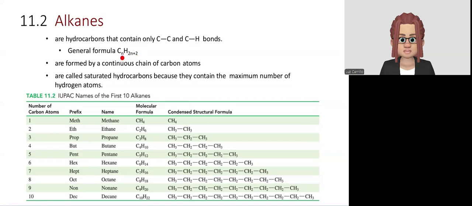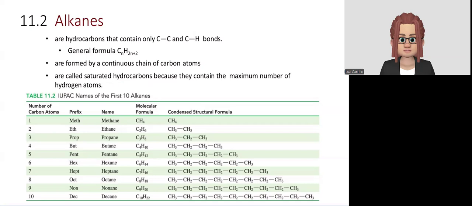What that value of n represents is any whole number from 1 all the way to infinity. So alkanes have a continuous chain of carbon atoms. And they are also called saturated hydrocarbons because alkanes have the maximum number of hydrogen atoms that a carbon atom can hold.